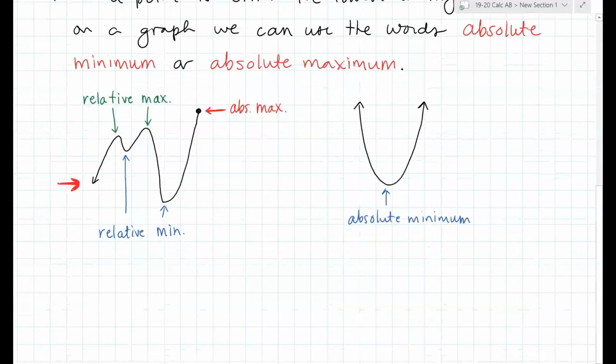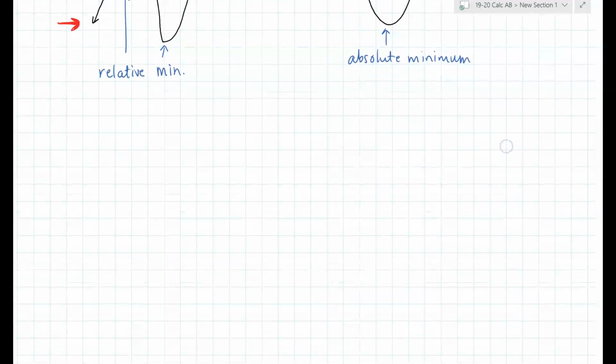So let's go over some examples here. Example number one, I'm going to have to draw pictures here. You might have to do the same with me. I'll do it freehand, that way we're not spending too much time drawing these things out.